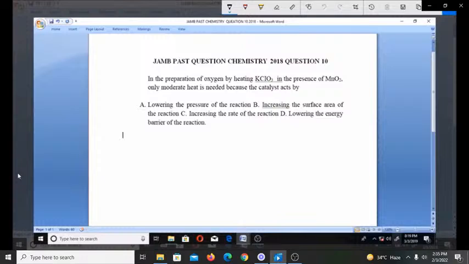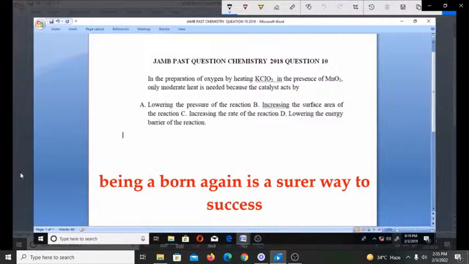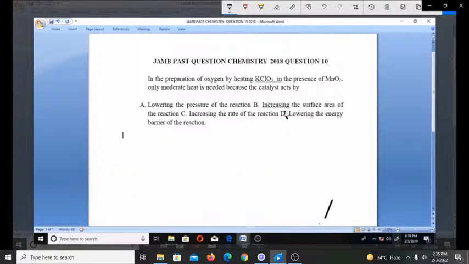So what happens with the catalyst? When you add a catalyst to a reaction, what happens is majorly one thing: to lower the energy barrier of the reaction. So this is a direct answer. D is the answer to this problem. Because whenever a catalyst is added to a specific reaction, the energy barrier is lowered.